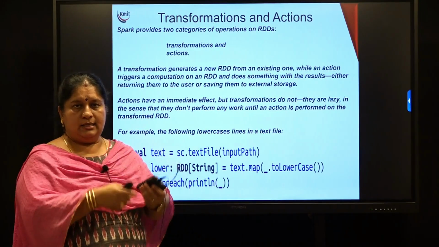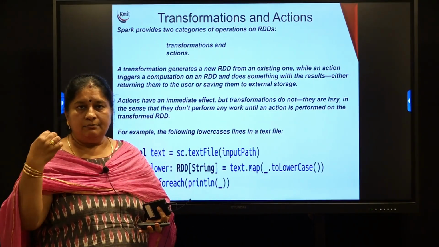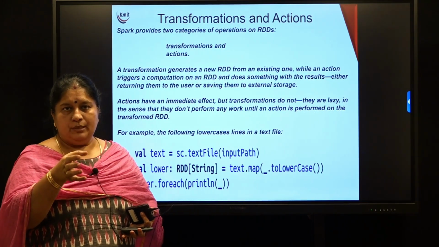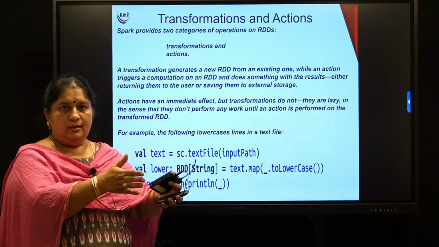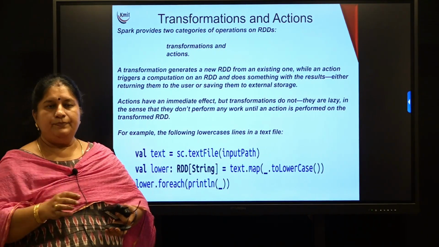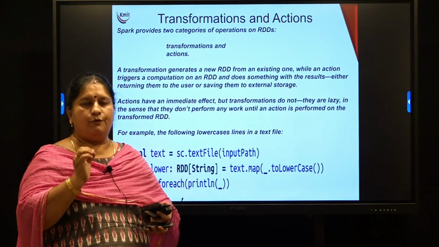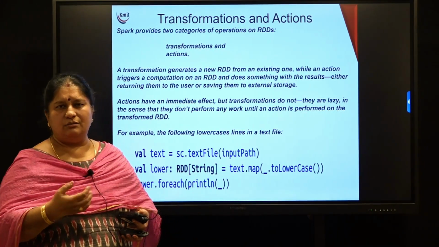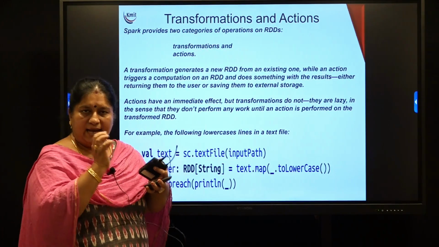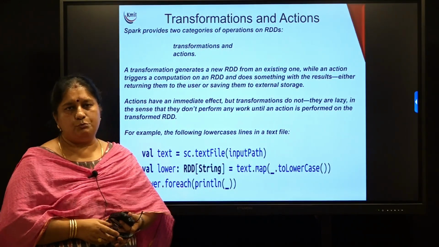An RDD is there, you perform some operations on that which will give you an output value. So, an existing RDD changed into another RDD, we call it a transformation. An RDD is there, you perform some operation like aggregation, summing up the values. We call it an action, and it gives you an output value.